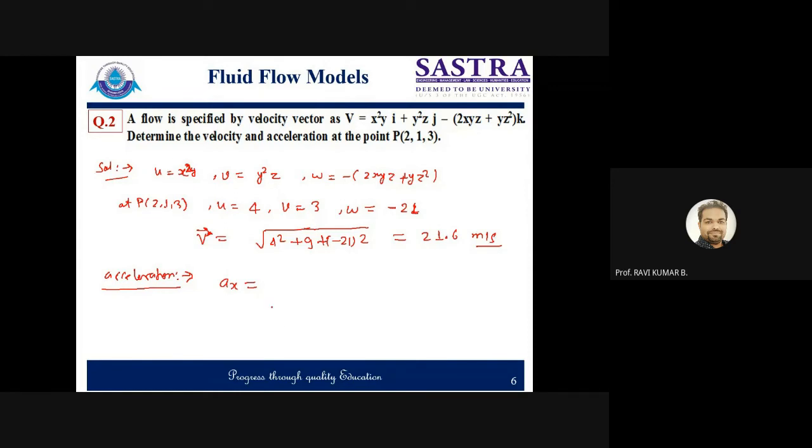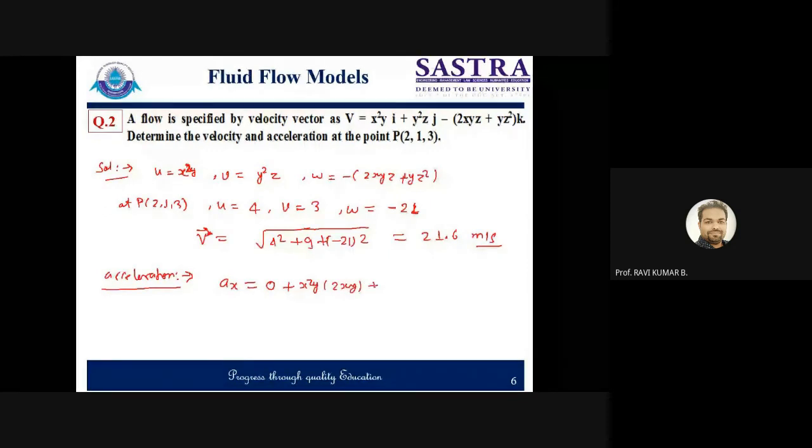This term is 0 plus u. Just as it is, you put u, and dou u by dou x becomes 2x times of y plus v. V is this one. Look at this, y is present, so dou u by dou y becomes x square. But there is no z term, so the third term you directly put 0.